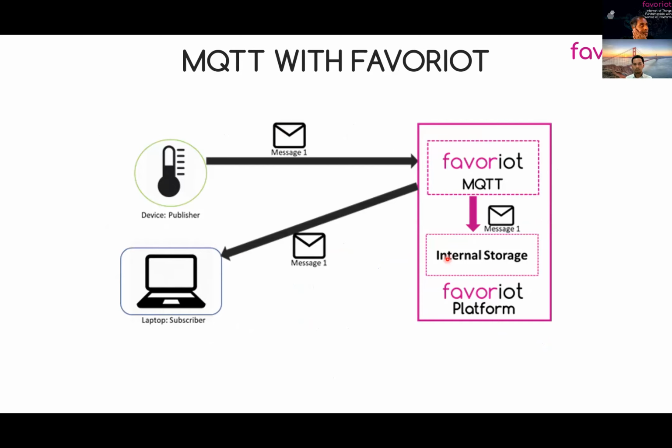What the changes are here is that the MQTT broker will control all the connections, and at the same time, it also pushes the data to be stored in the platform as well. So there is a communication between the MQTT broker and the internal components of the Favoriot platform. So the publisher will publish, and the broker will push the data to the subscriber, and at the same time, it will store the data.